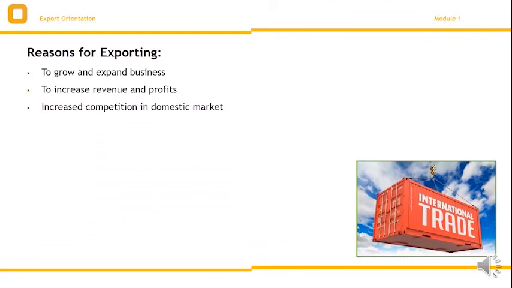Another reason for going into exporting is due to increased competition in the domestic market. If you're operating in an industry where there is increased competition, where there are many sellers and producers that are selling similar products to the product that you're currently offering, then it may be a good idea to find an international market that can actually buy your product or your service.